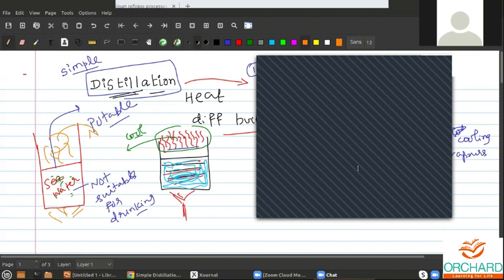Yatu, what are you asking? Can we separate mustard from milk? What do you mean by mustard? You mean how to separate milk from water, isn't it?